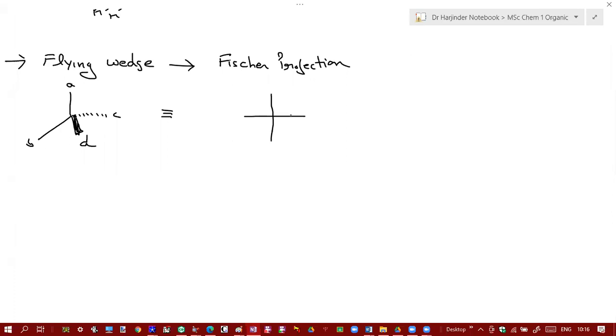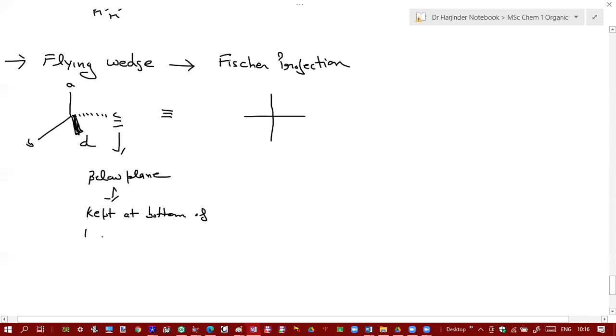One of the simple techniques, which is also given in the book, is this: the group present below the plane in flying wedge structure is kept at the bottom of the Fisher projection.